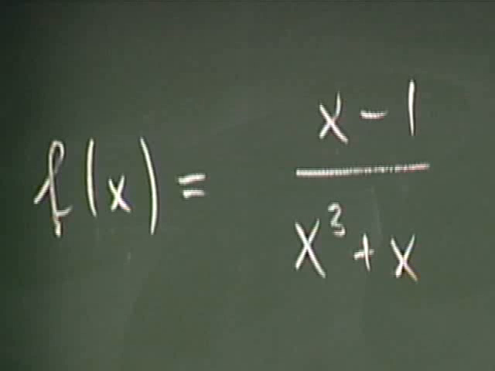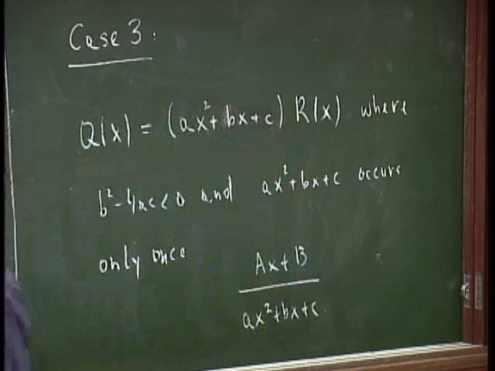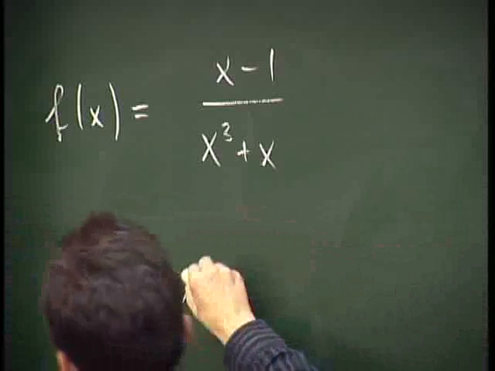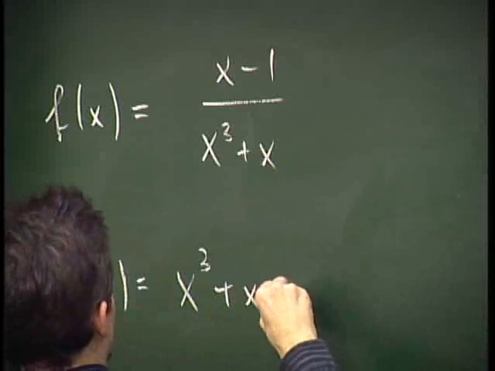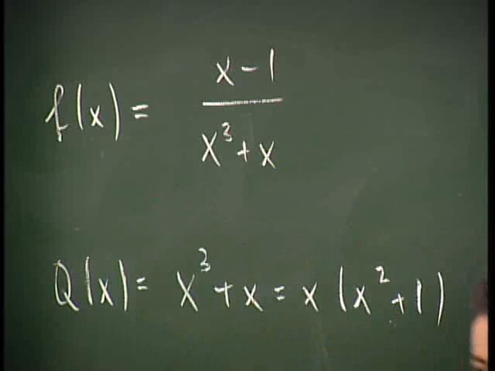First of all, I have to check whether the rational function is proper or improper. This one is proper, so I do not have to do long division. Now, as for the second step, I have to factorize the denominator. So in this case, I can write it as x times x squared plus 1. And this polynomial is irreducible. It's an irreducible quadratic polynomial.